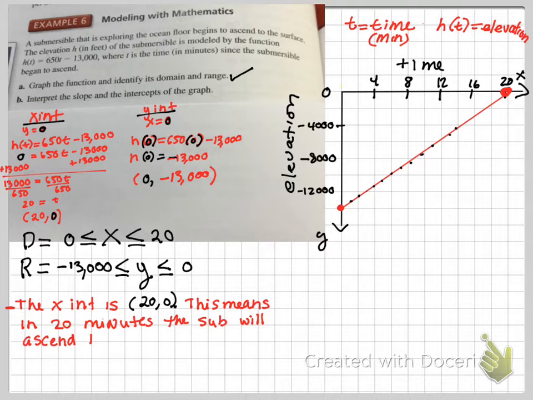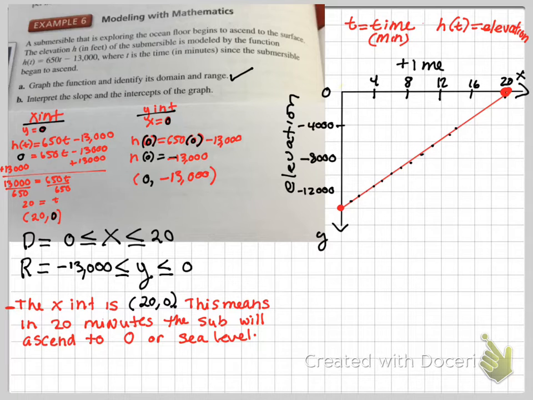Will ascend to sea level, to 0 or sea level. All right, so that is how we interpret our intercept.